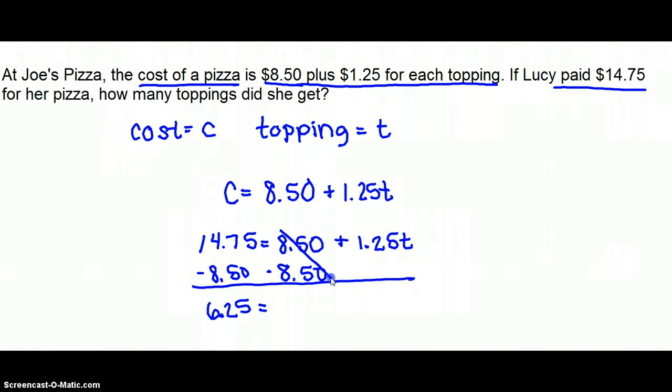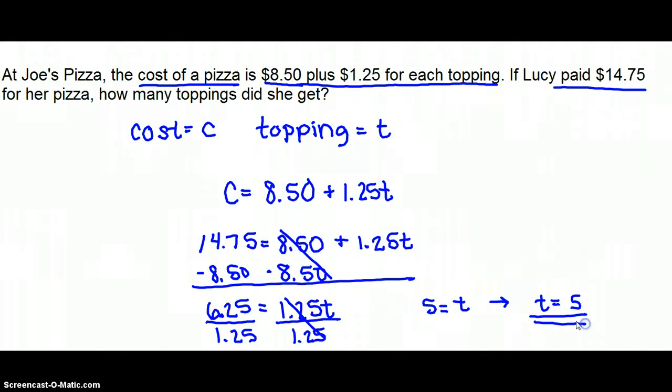On the right, our $8.50s canceled out, and we're left with $1.25t. And to get rid of this 1.25, we divide both sides by 1.25 because they were multiplied together. 1.25 cancels on the right. 6.25 divided by 1.25, I plugged that in my calculator and got that 5 equals t, or t equals 5. So Lucy had 5 toppings on her pizza.